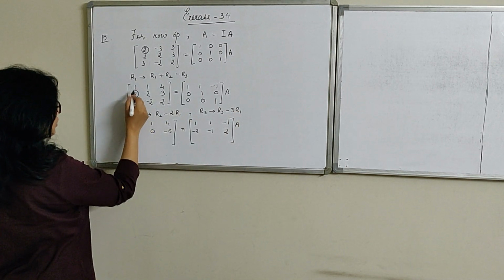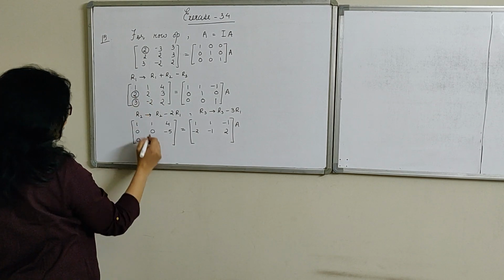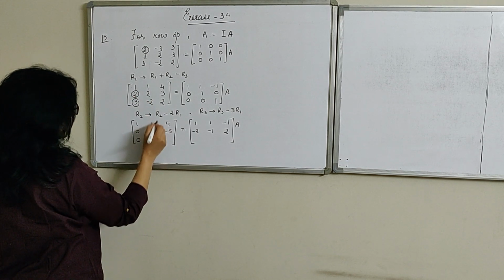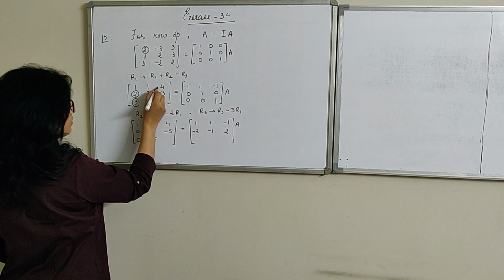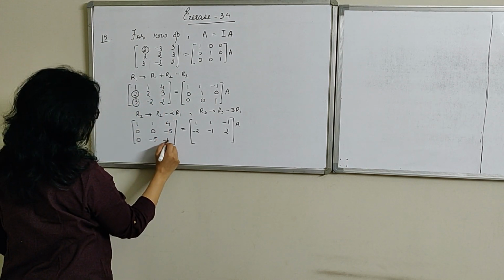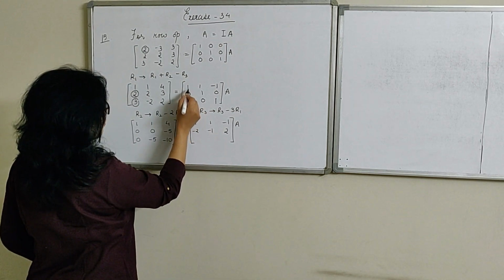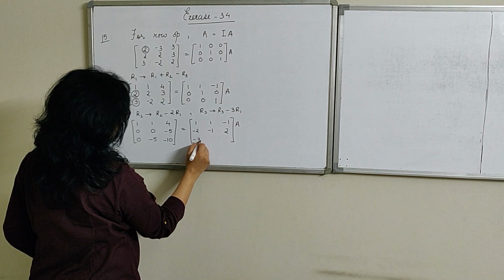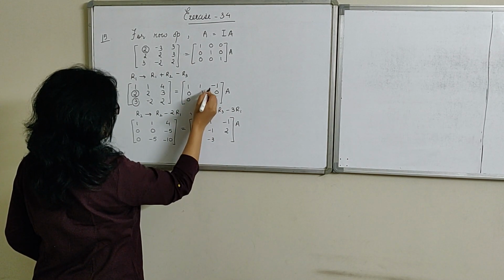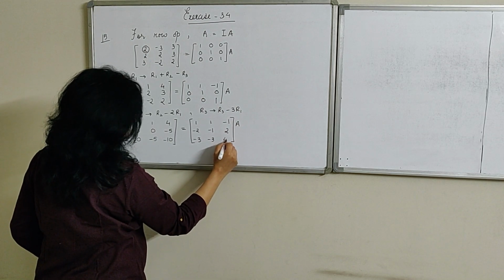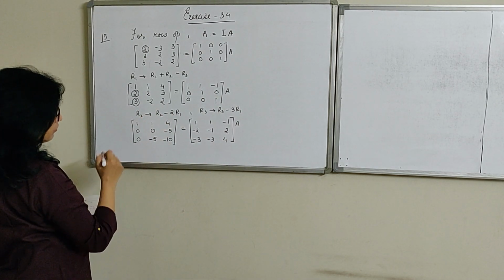Performing this operation here, 3 minus 3, 0, minus 2, minus 3, minus 5, minus 2 minus 3 times this will give us minus 10. Performing the operation here, this minus 3 times, this minus 3 times, and this minus 3 times gives us 4. So after these row operations, we have obtained the first column.